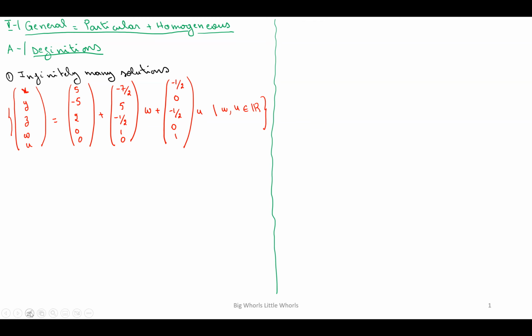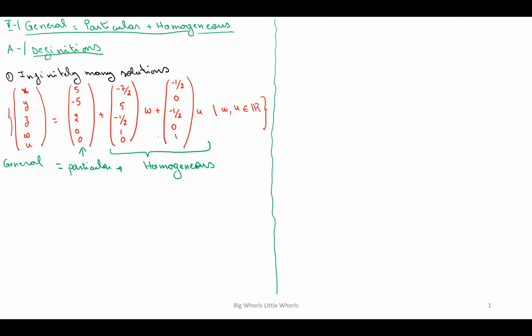So here, this is our general solution. It equals the particular, which is the constant vector, plus the homogeneous part, which is a linear combination of some vectors.